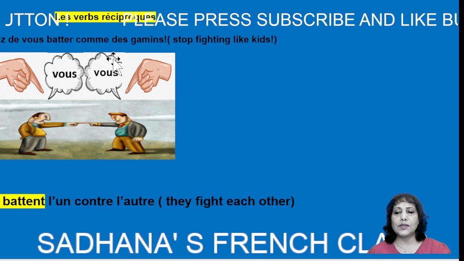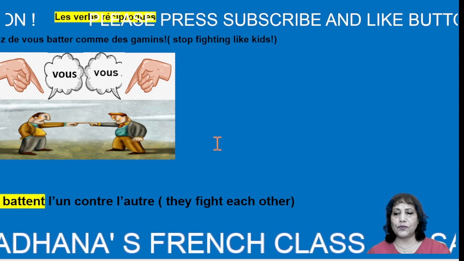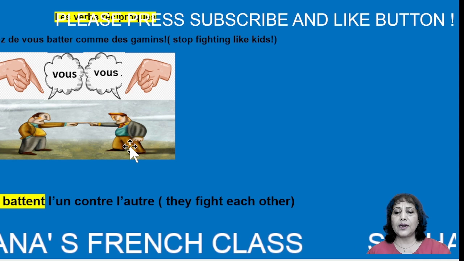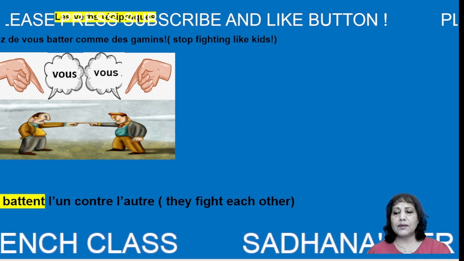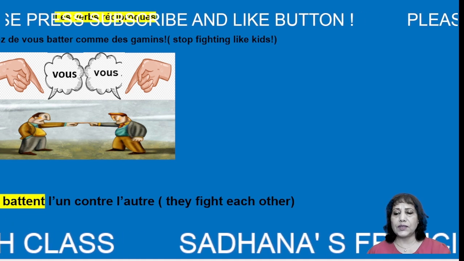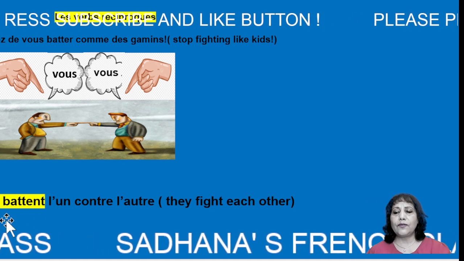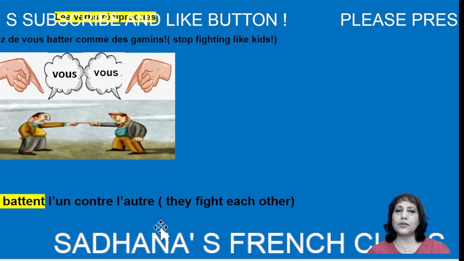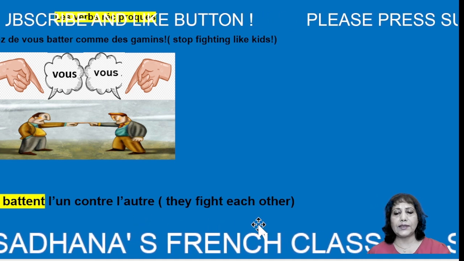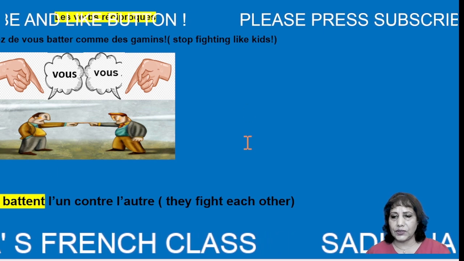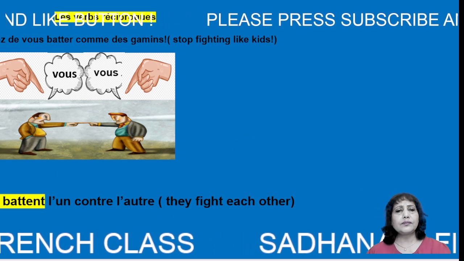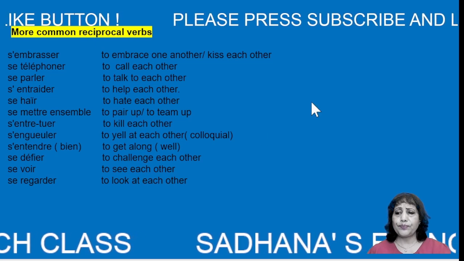Okay, so this image tells you a lot of things. They are pointing fingers at each other and fighting. Ils se battent, I have used the third person plural here. They are fighting. L'un contre l'autre, they fight or they are fighting each other. Here it means each other or one another, they are fighting with each other. Okay, I hope this is clear to you.